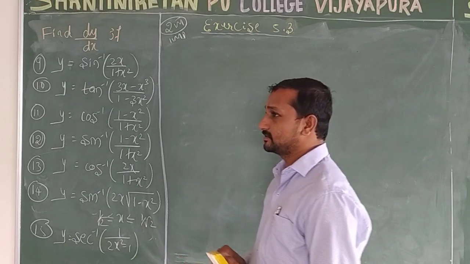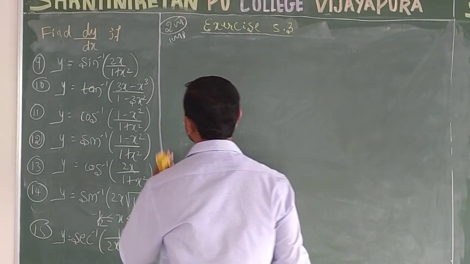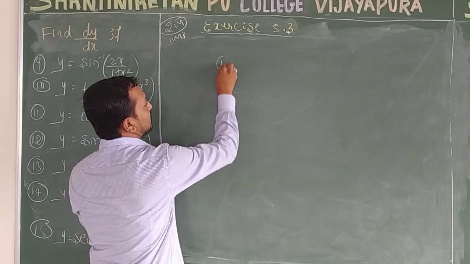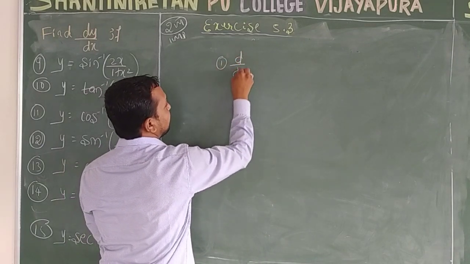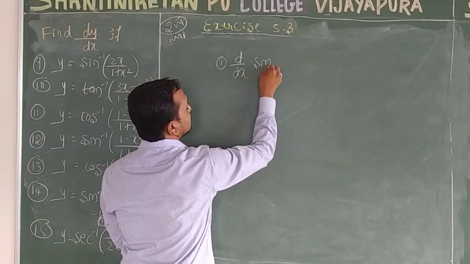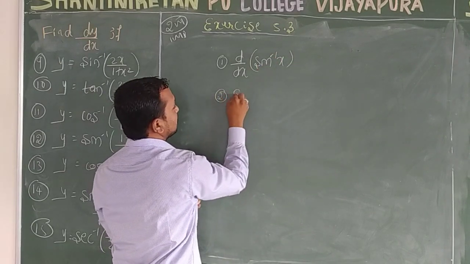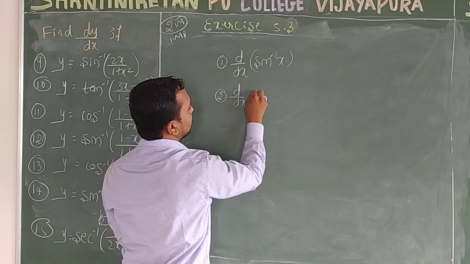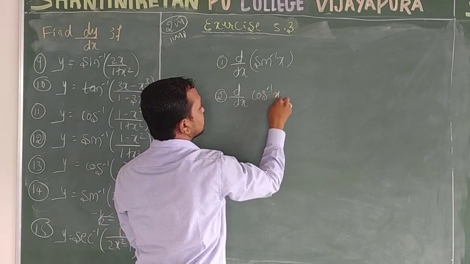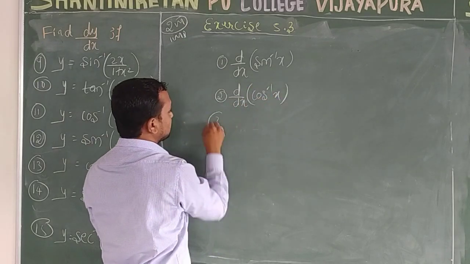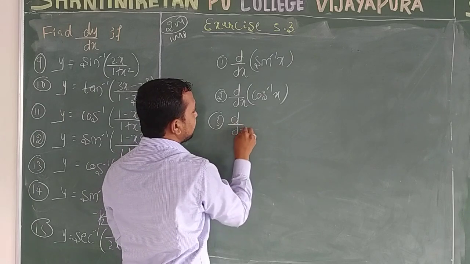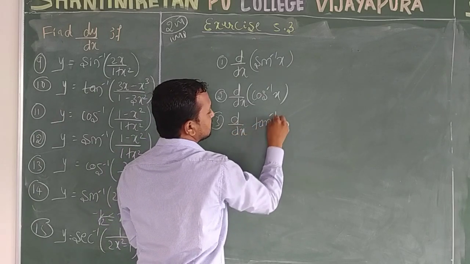Okay, so I can discuss some of the standard formulas. First one, d by dx of sin inverse of x. Second one, d by dx of cos inverse of x. Third one, d by dx of tan inverse of x.